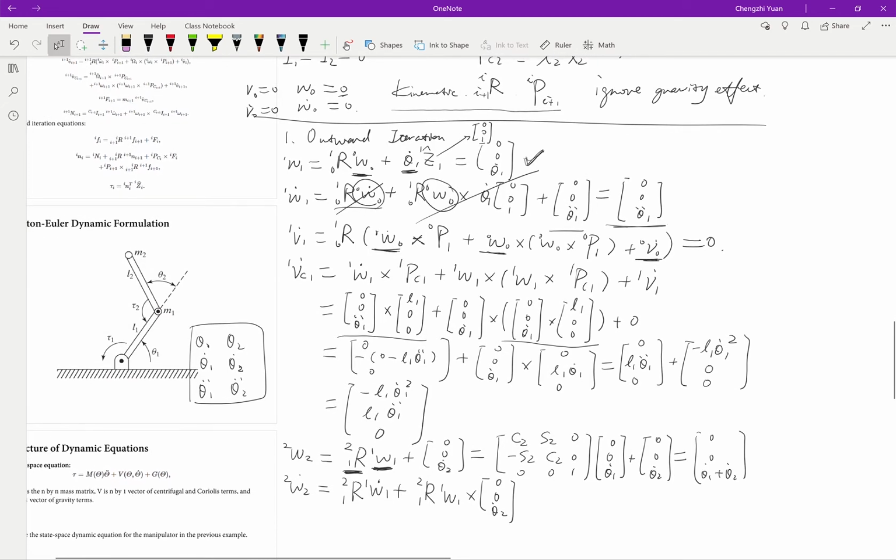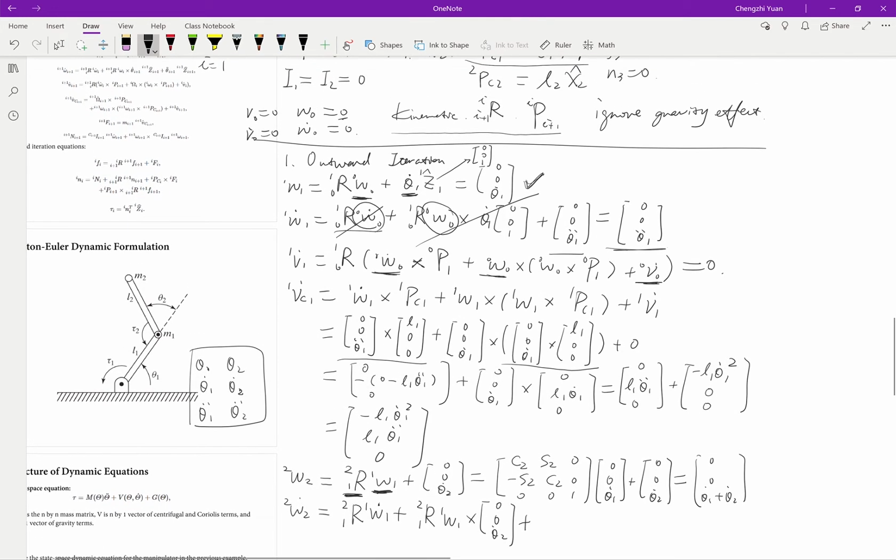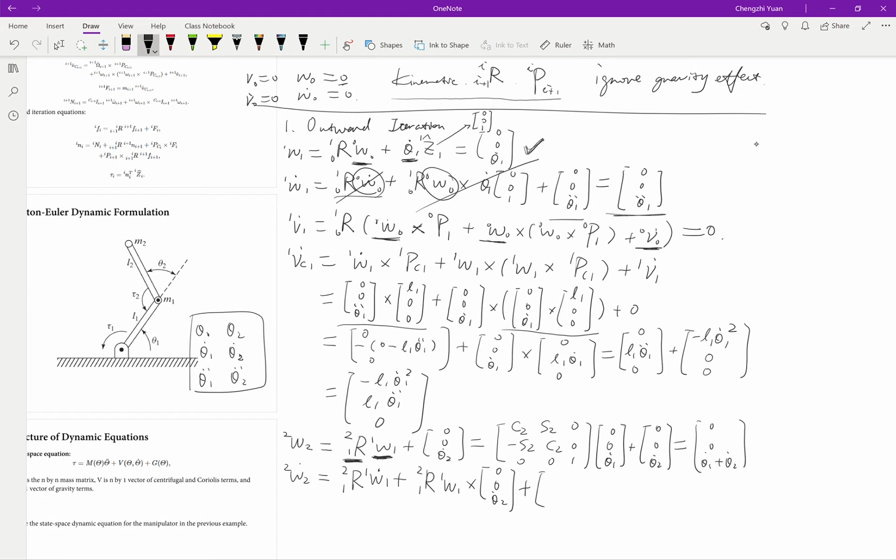Okay, and then plus what? Plus 0 0 theta 2 double dot.